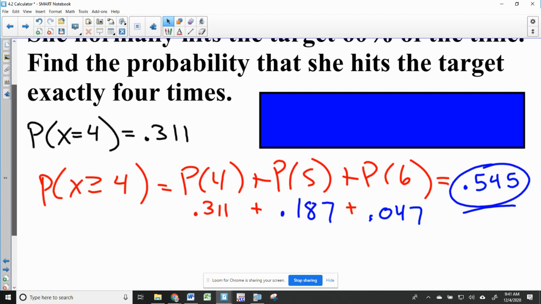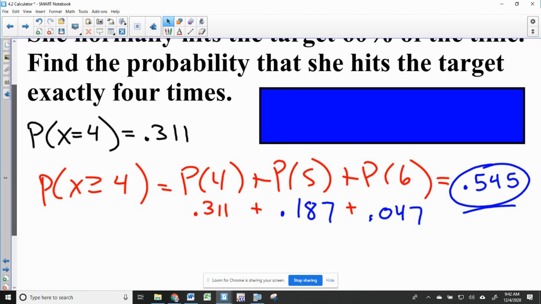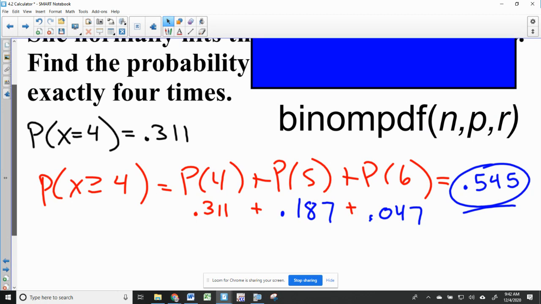Now, try binomial CDF and see if you get that. Put in trial 6, probability 4, all that good stuff. See if you can determine what CDF does. Why don't you type that in on your calculator? For X, you put 4.